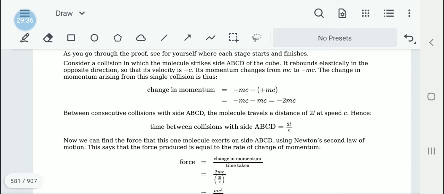When a single collision on the ABCD side and a subsequent collision of the same molecule is considered, we can obtain the change in momentum as follows.